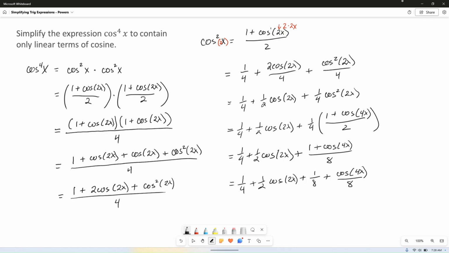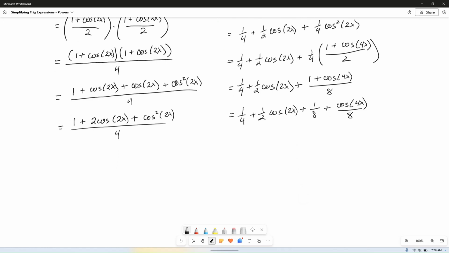And I have like terms here. I can add the 1/4 and the 1/8. So 1/4 plus 1/8 I could rewrite as 2/8 plus 1/8, and that's going to be 3/8. So I'm going to end up with 3/8 plus 1/2 cosine 2x plus 1/8 cosine of 4x.